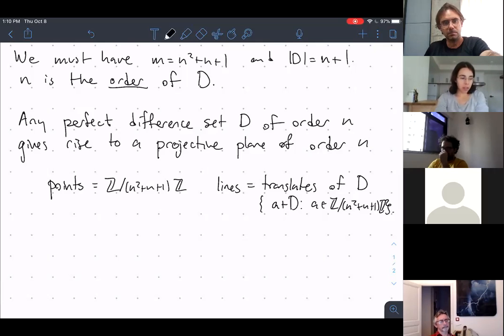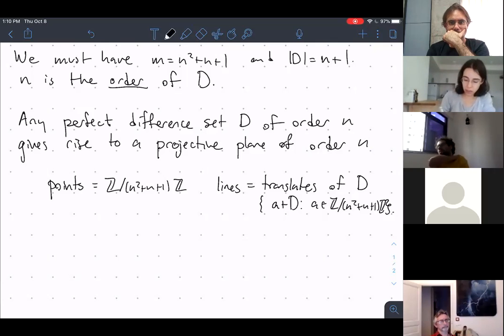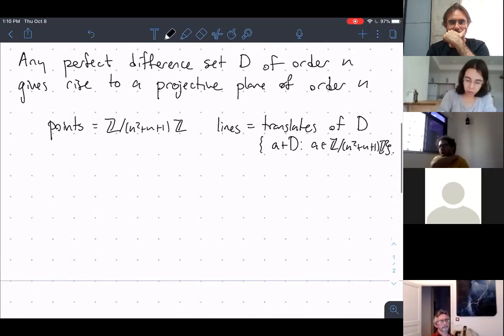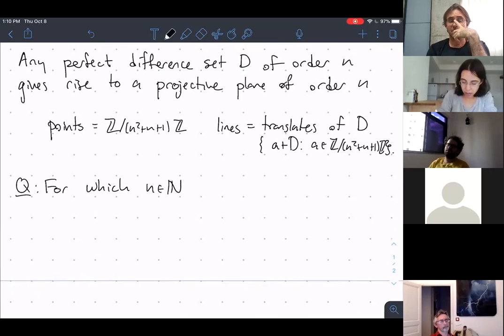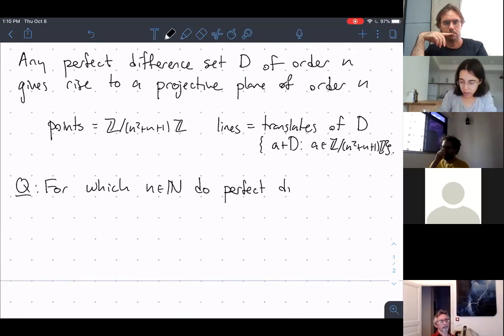The most basic fundamental question about these perfect difference sets is when do they exist. More precisely, for which n do perfect difference sets of order n exist?